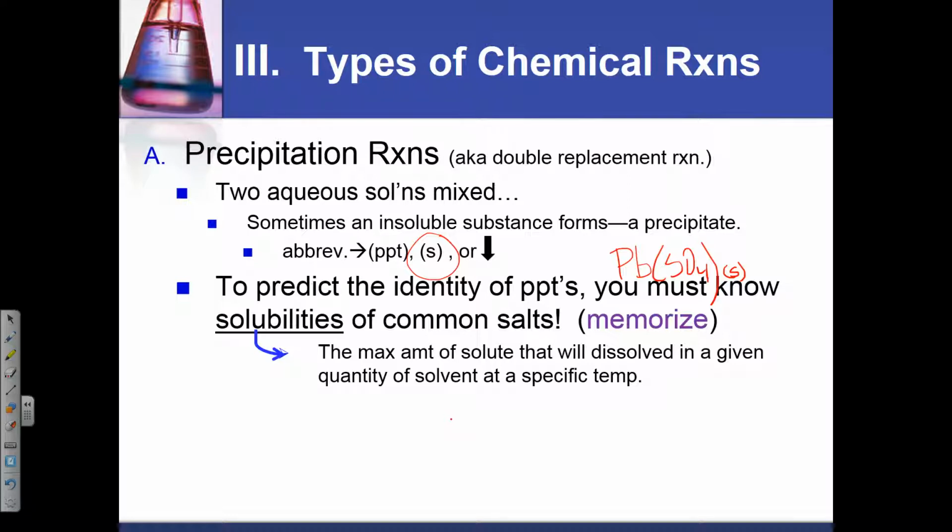Obviously, if you wanted to dissolve more of something in water or in a solvent, you could increase the temperature and that would allow you a greater dissolving capacity. But when you talk about a saturated solution, that means it contains the maximum amount of the solute that will dissolve in that amount of the solvent at a specific temperature.